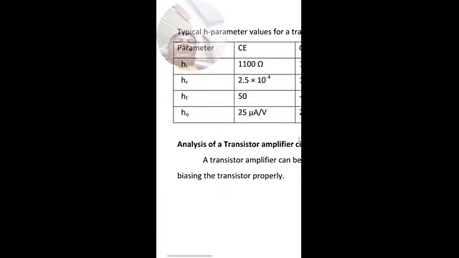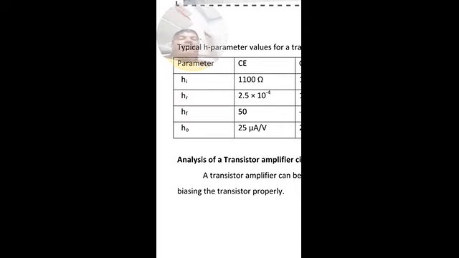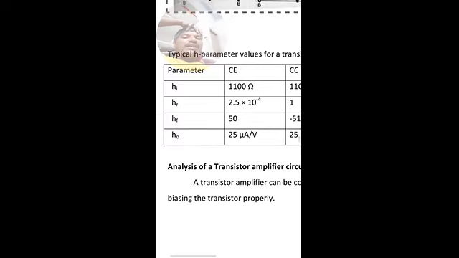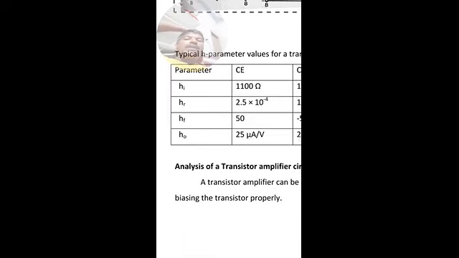Only by adding the second subscript according to the configuration, HI becomes HIE, HIB and HIC. For input impedance, HI is represented as HIE in CE configuration, HIB in CB configuration, and HIC in CC configuration.